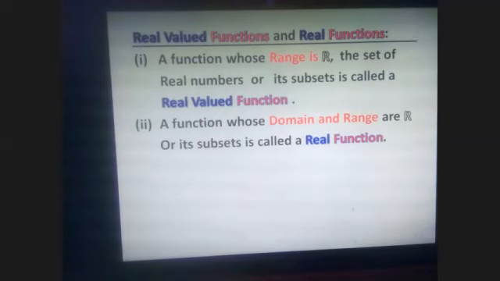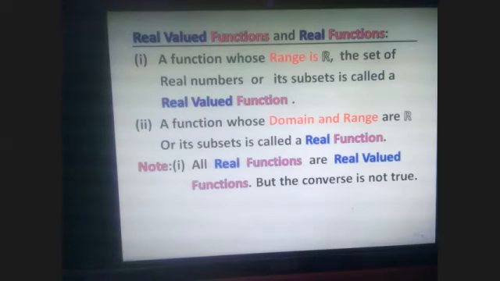Real valued functions and real functions are topics from class 11, nothing to worry. All real functions are very much real valued functions, but a real valued function need not be a real function.